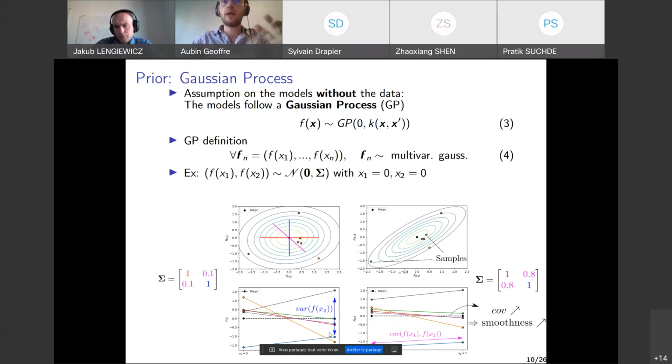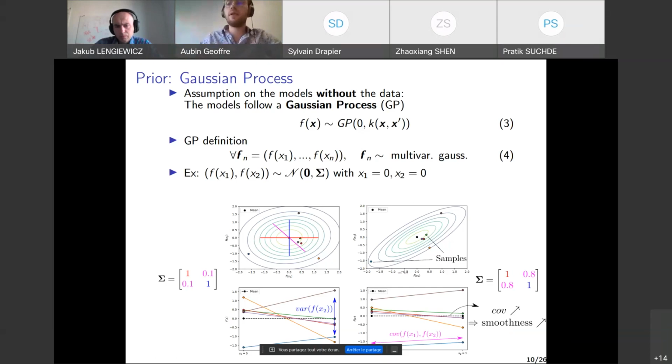If the covariance is high, then the values of these points will be close to each other, so in the end the curve will be smooth. What I'm trying to explain here is that the covariance kernel controls the smoothness of the function and how points interact with each other.